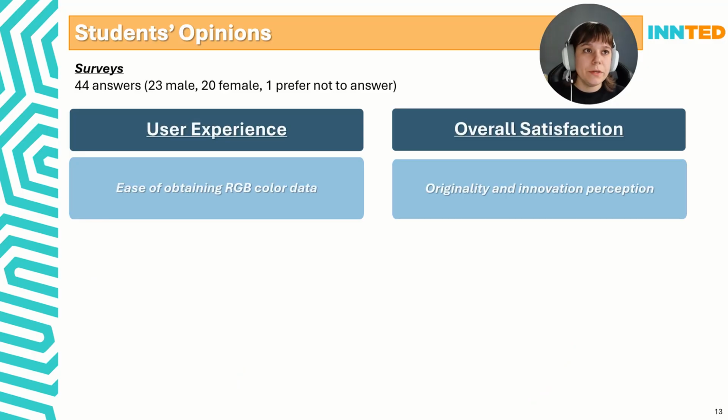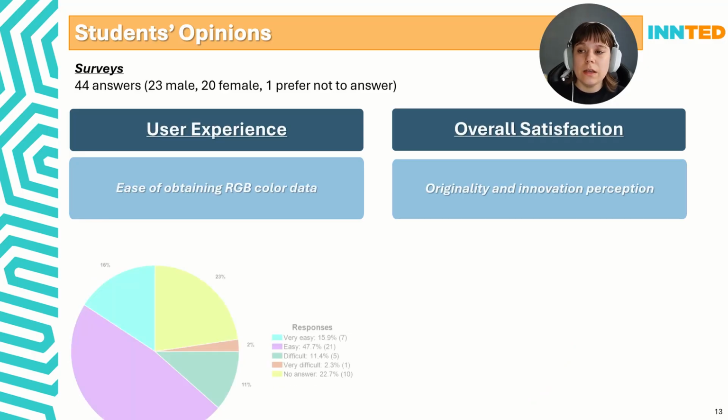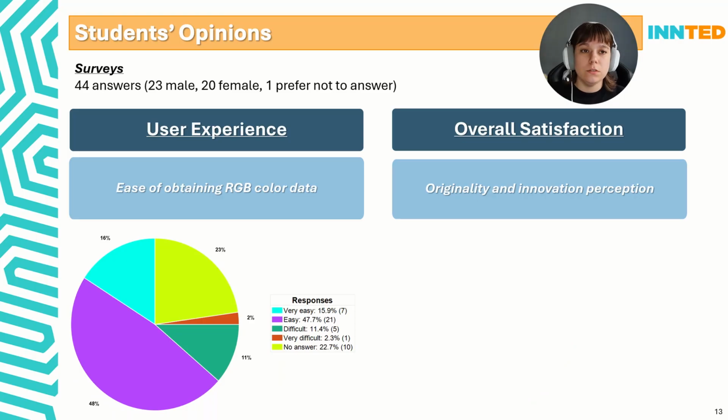For user experience, answering the question ease of obtaining RGB color data, 63.6% of students found the process intuitive, easy or very easy, confirming the app's friendly user design. Then, with the 22.7% of non-responses, this highlights the possibility of improvements for the app's design.